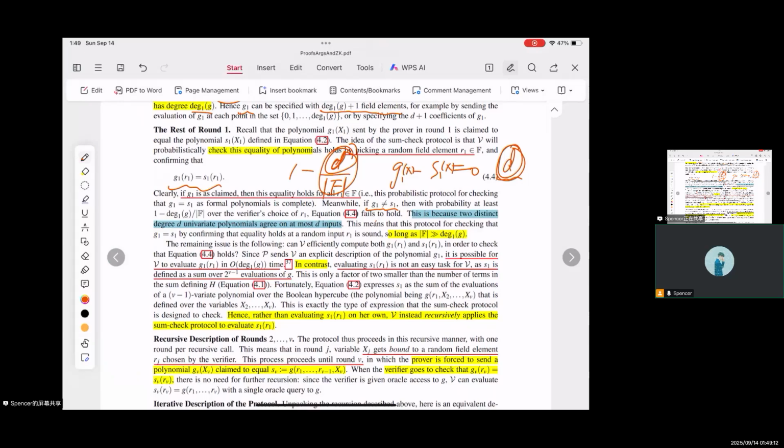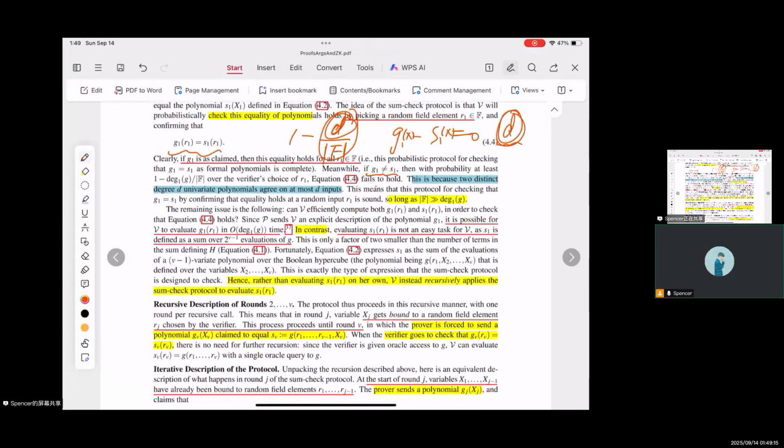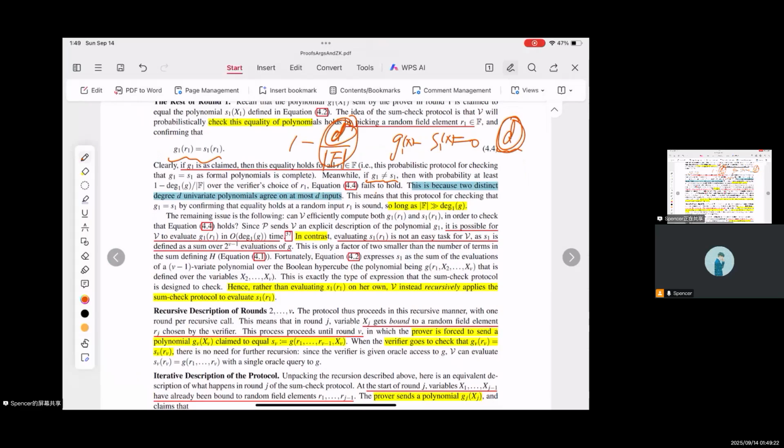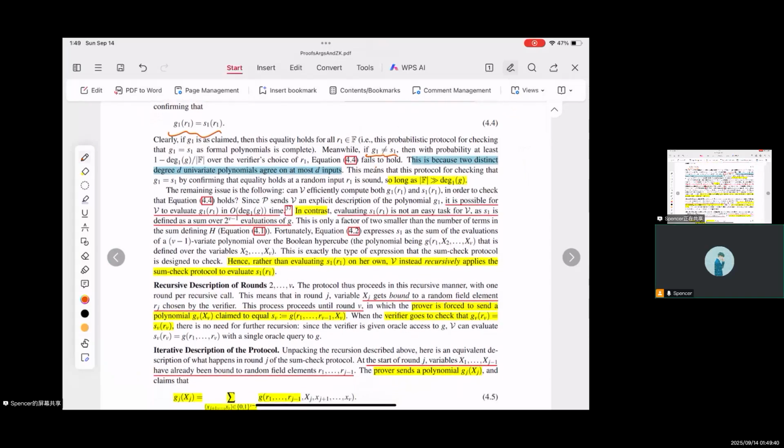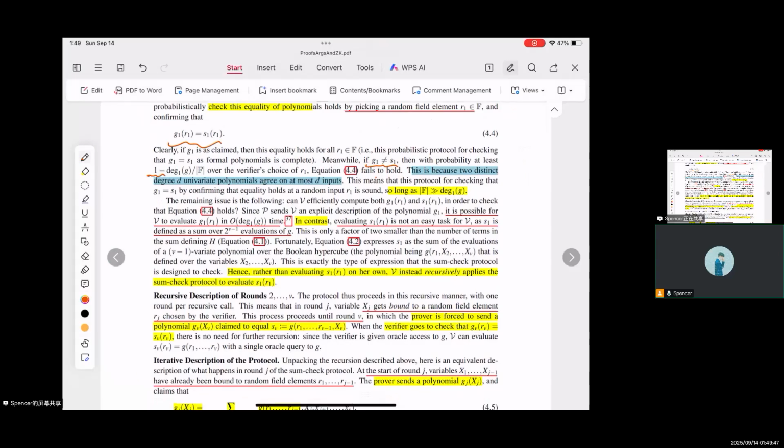So here we take 1 minus this. Just solving this equation, with probability at least 1 minus d over |F|, the equation fails to hold.